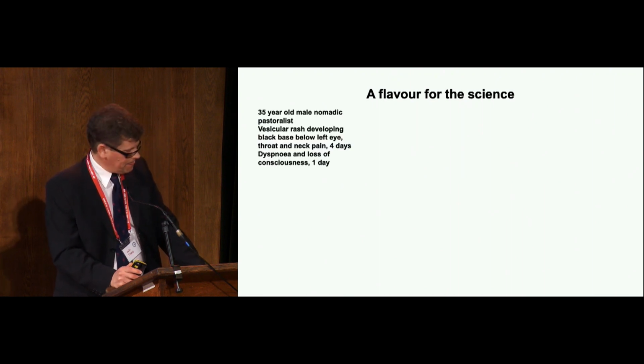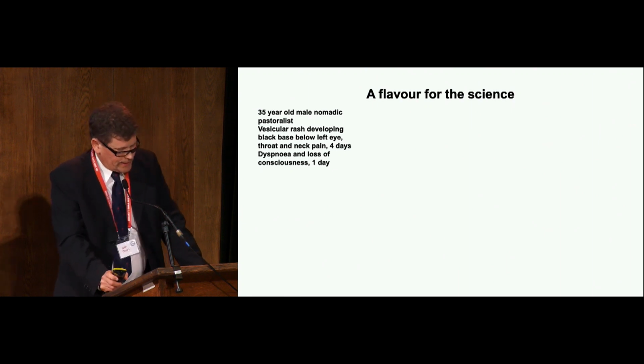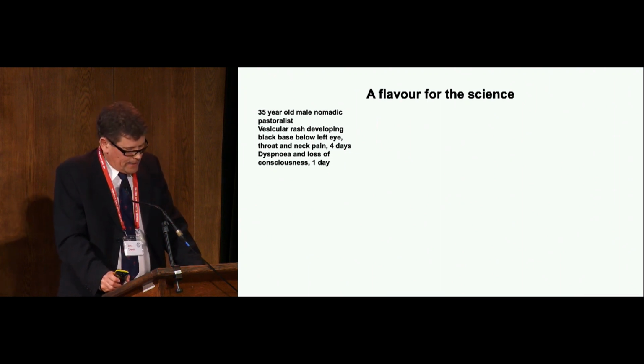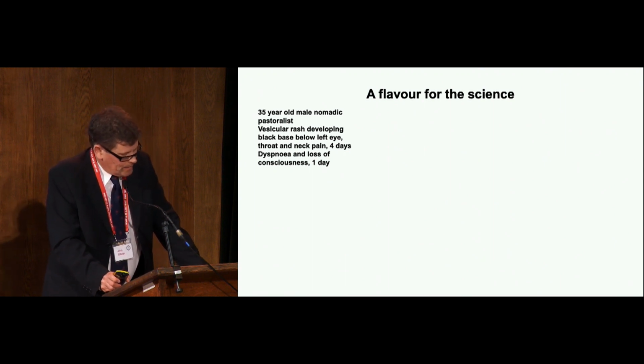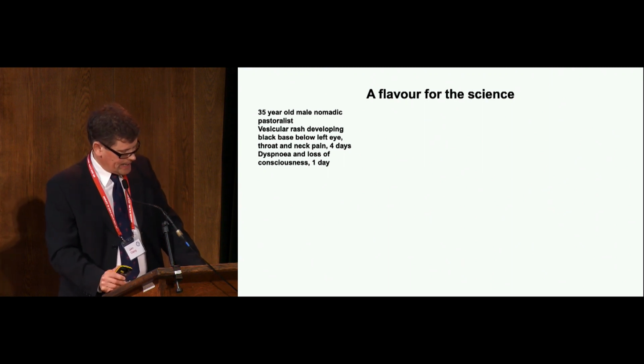The first, a 35-year-old male nomadic pastoralist with a history of a vesicular rash developing a black base below the left eye, and throat and neck pain for 4 days, progressing to dyspnea and loss of consciousness for 1 day.